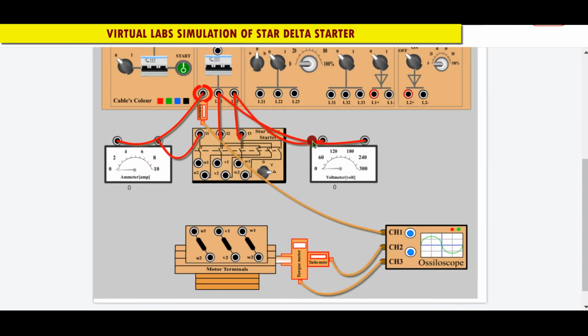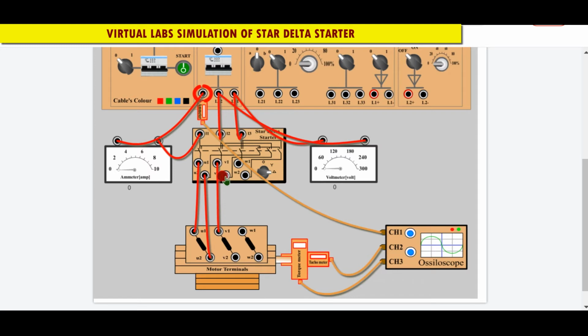Now you have to connect the star delta starter panel with the motor terminals. Connect U1 of the star delta starter terminal to U1 of the motor armature terminal, then U2 to U2. Similarly V1 to V1 and V2 to V2, then W1 to W1 and W2 to W2 of the motor armature terminal.